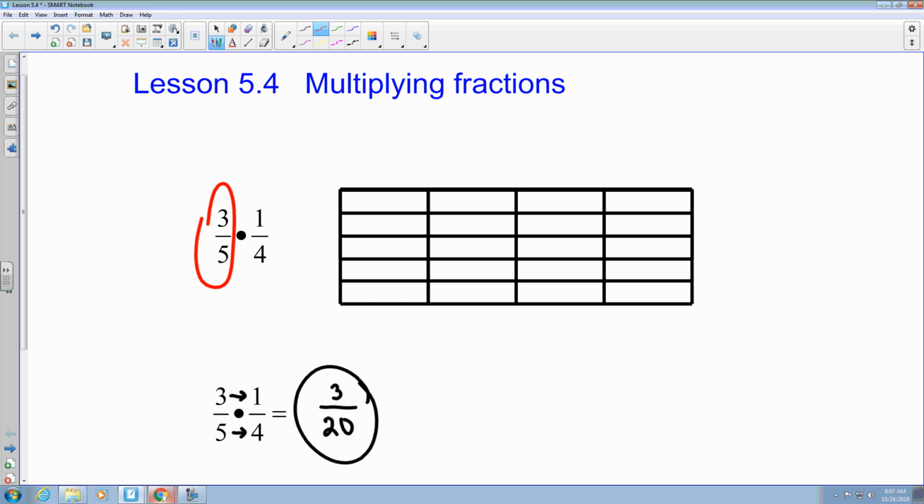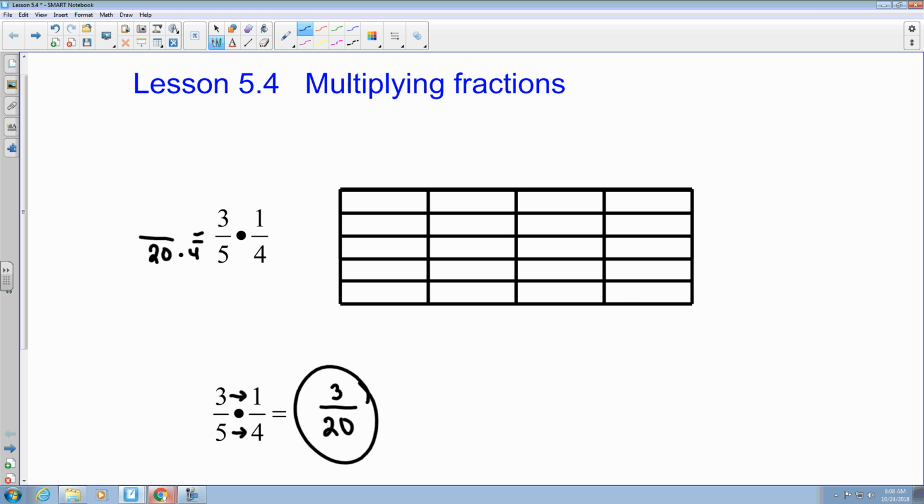Now let's look at this value right here, 3/5. Right now I have 1, 2, 3, 4, 5, 6, 7, 8, 9, 10, 11, 12, 13, 14, 15, 16, 17, 18, 19, 20. I have 20 separate rectangles within our whole. That is another way that I can represent 3/5. If I put 20 on the bottom, that means we have 20 individual ones.